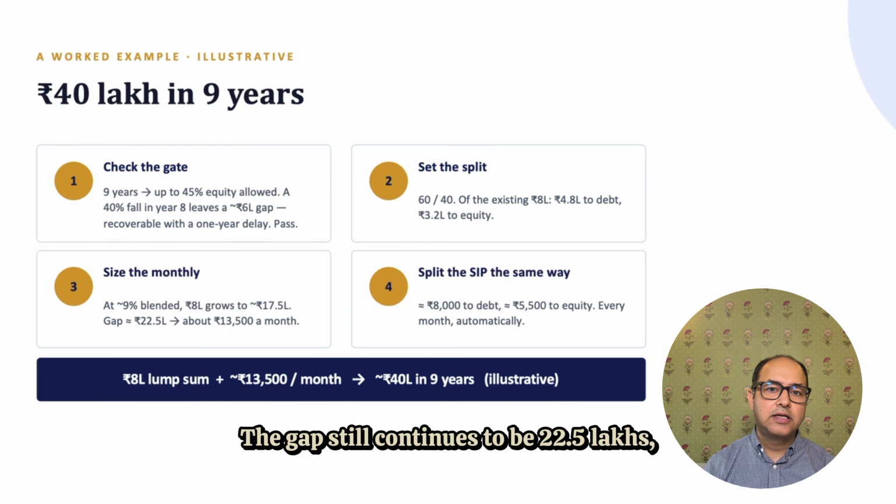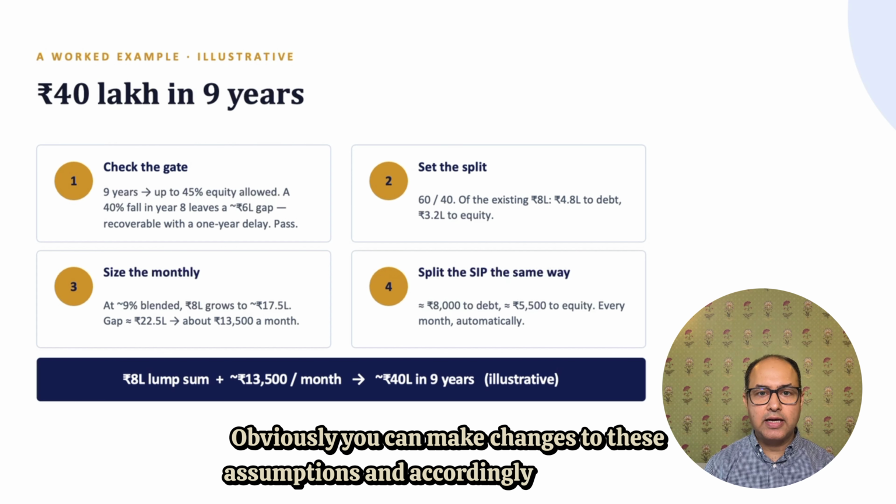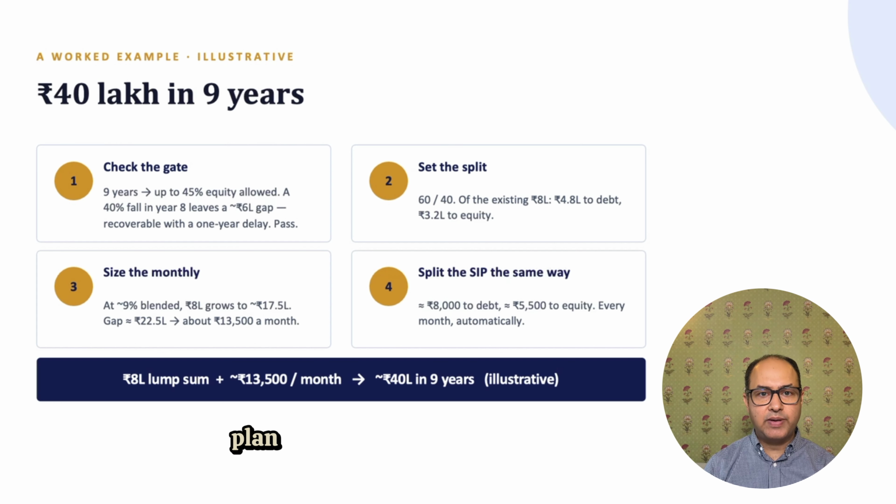So step 4 is to also split the SIP in the same allocation, 8,000 into debt and 5,500 into equity. Same 60-40 split. Obviously, you can make changes to these assumptions and accordingly recreate this plan, but you broadly understand how the structure should be.